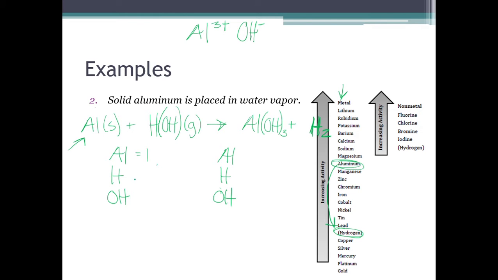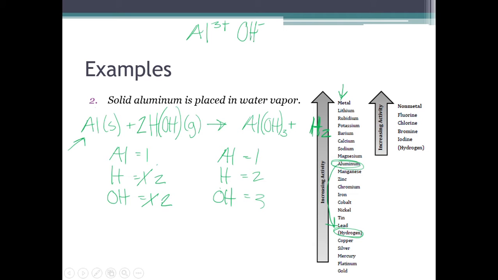We've got 1 and 1 and 1, 1 and 2 and 3. So aluminum's all set. We can work our way down and look at hydrogen next. We can put a 2 here, and that'll give us 2 hydrogens and 2 hydroxides on the left. Then we've got 2 hydroxides on the left and 3 on the right.